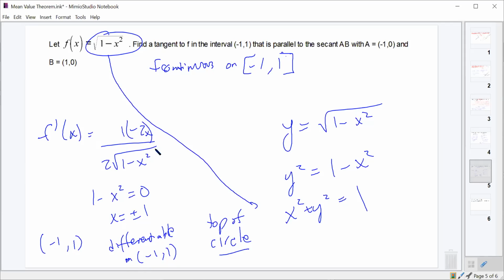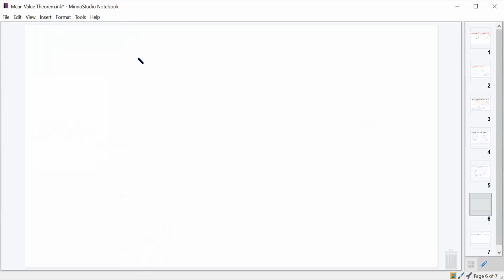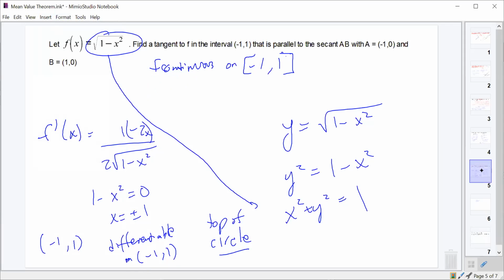So there's our derivative. If we simplify our derivative, we had negative 2x over 2 root 1 minus x squared. So that would just be negative x over root 1 minus x squared. And we want to know, when does that equal the average rate of change between these 2 points? And what's the slope between those 2 points?